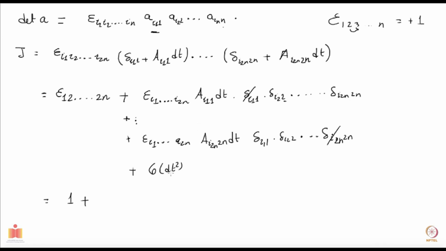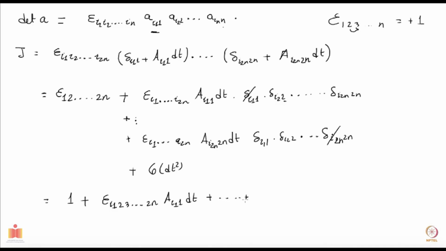Correct? Yeah. So let me write down epsilon I1 2 3 and so forth to 2n, with a I1 1 dt, and all such terms are here.